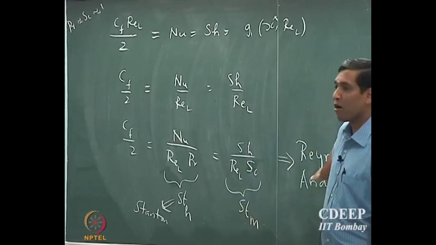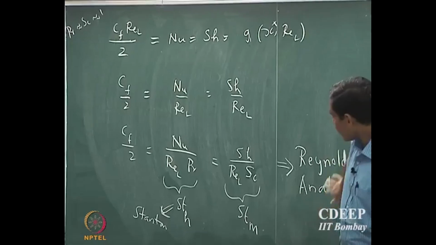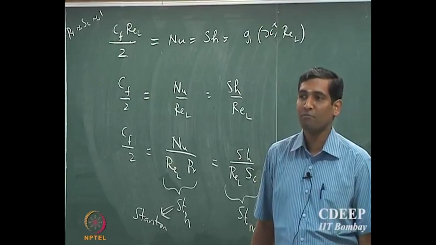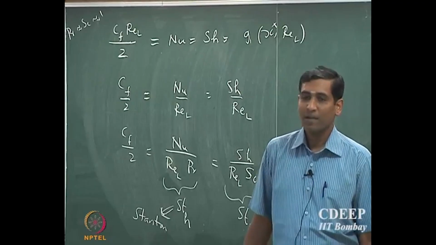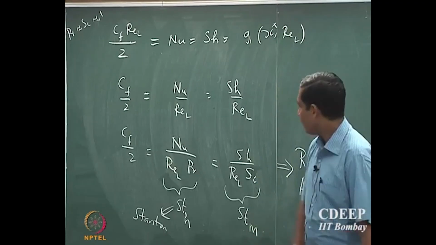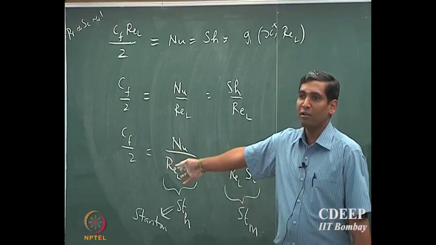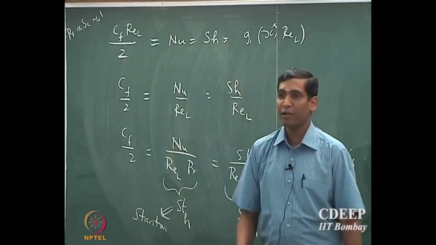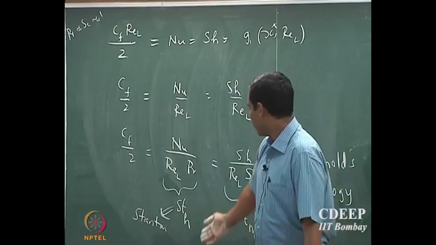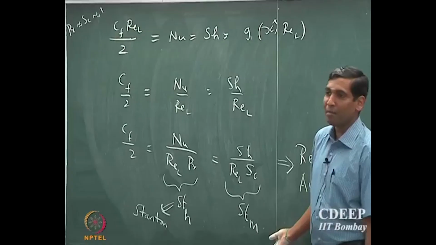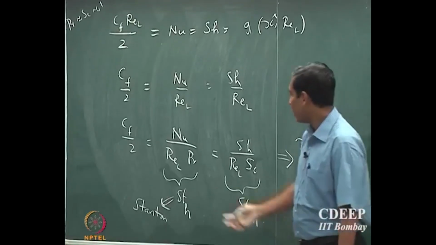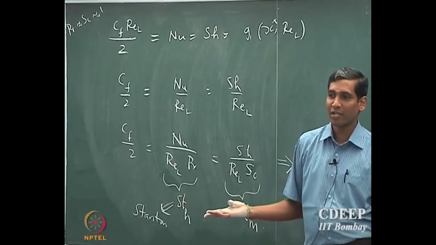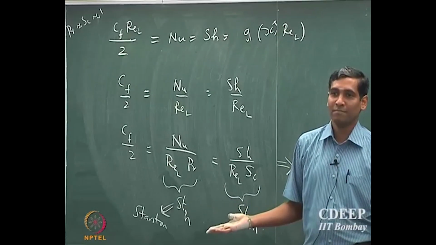This is very commonly used in different types of heat, mass and momentum transport calculations because it is very handy. If you are able to measure the momentum boundary layer properties and find the friction coefficient, you are done. You know the Stanton number, you know the mass transport Stanton number, and all you need to know is Reynolds and Prandtl. Your heat transport coefficient and mass transport coefficient come for free.